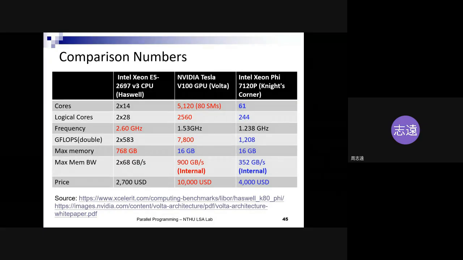All right, and the last column is Xeon Phi. Not sure if everyone knows, but if not, it's a solution from Intel. It's a solution between CPU and GPU in terms of hardware or processor architecture, so you will see the numbers sit between the two. But it has its own advantages.